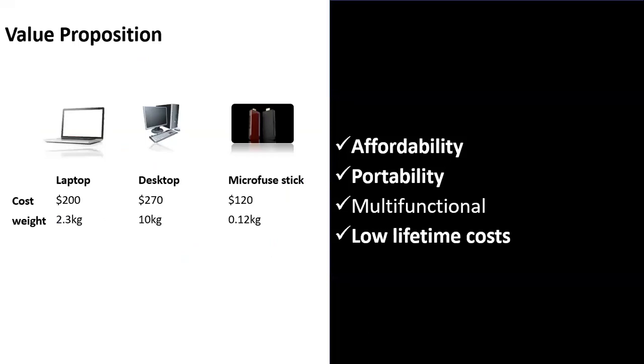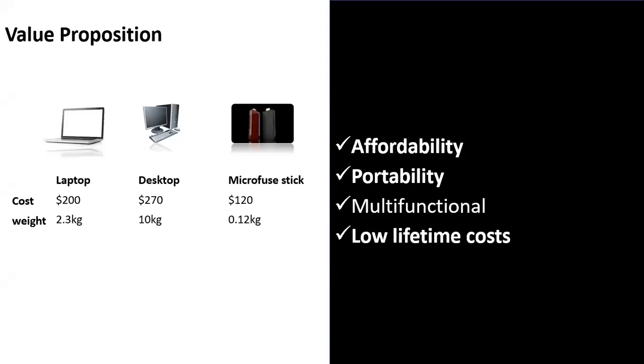Okay, these people's value proposition is: a laptop is heavy, a desktop is even heavier, and moving with the laptop or the desktop every time is heavy. So they say, we have a small gadget which you can just put in your pocket and it is very light.